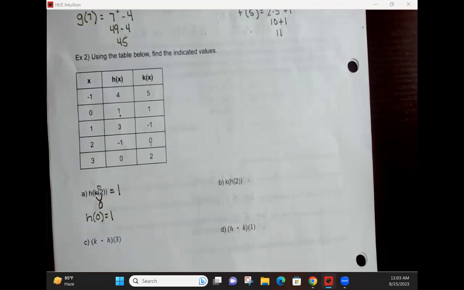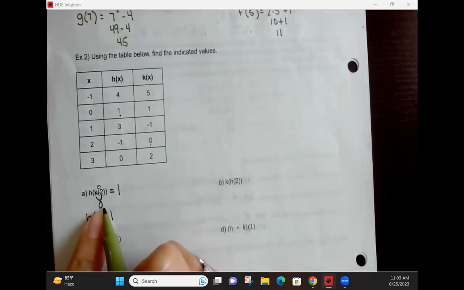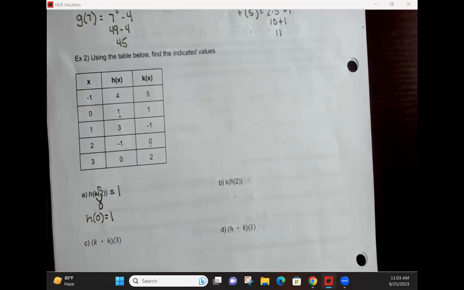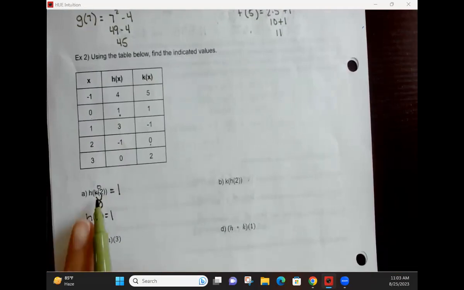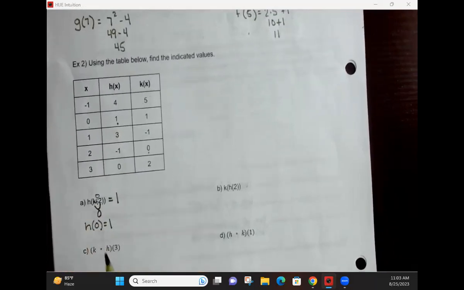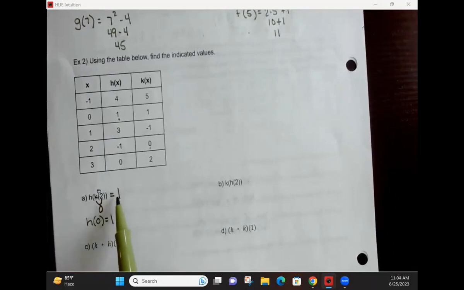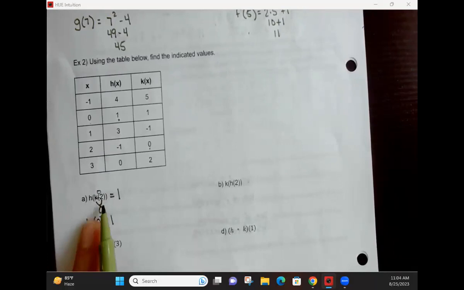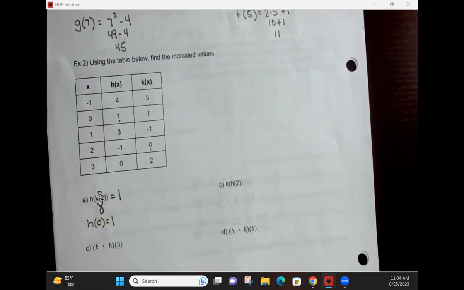I know sometimes we don't always like to write down our full work, our steps to a problem. On the tables and graphs, please take the second to write down what you get from that inside, okay? So that when I'm looking at your work on a quiz, a quick check, a test at the end of the unit, whatever the case may be, I can see, yep, we had the right idea, evaluate inside and then outside, and if the final answer is incorrect, I can see what you got along the way.